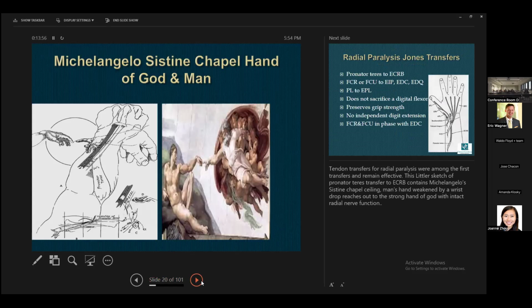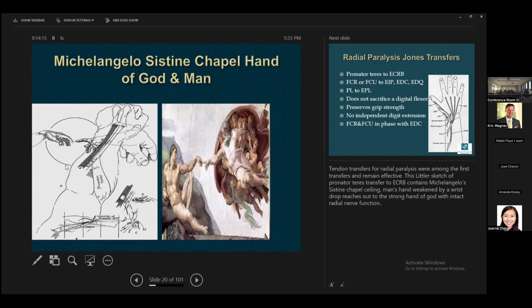And so we're going to start off speaking about radial transfers. I also had the opportunity to be Bill Littler's last fellow, and he could really draw and paint. He was quite the artist as well as an artistic surgeon.